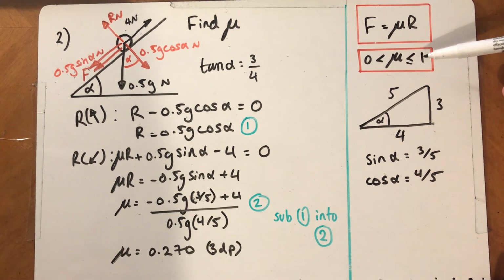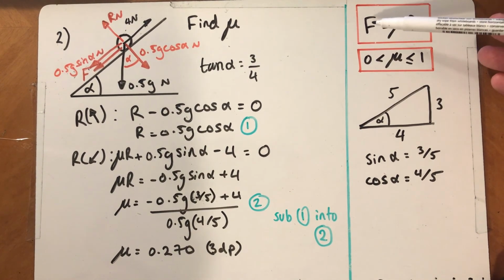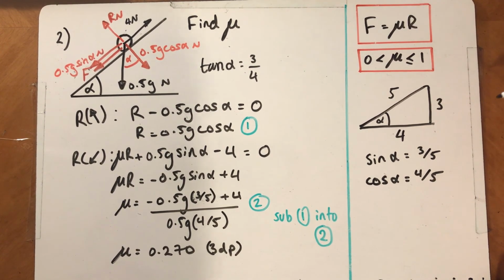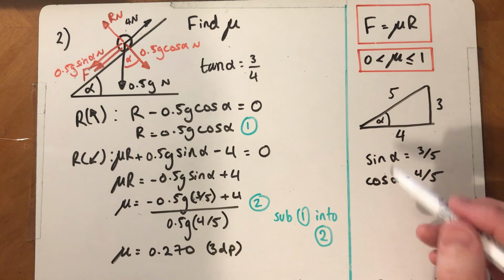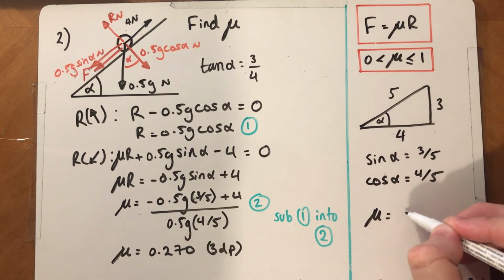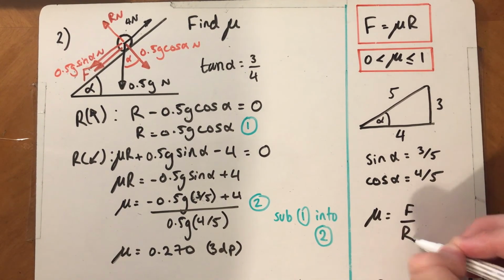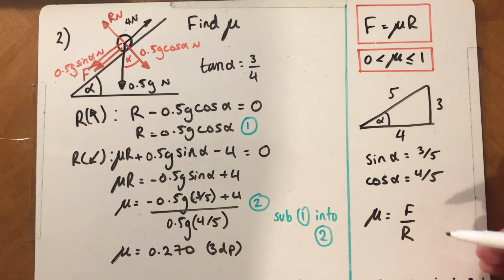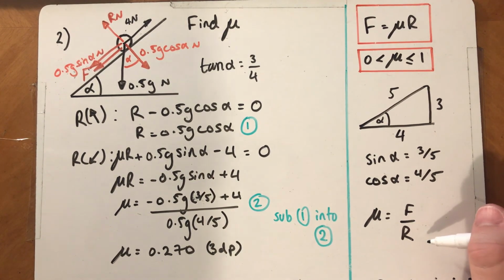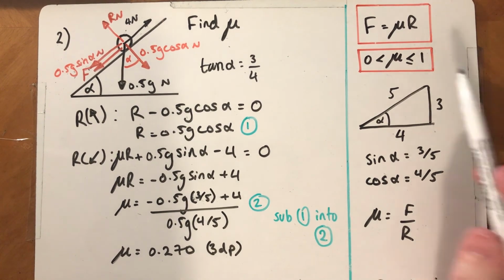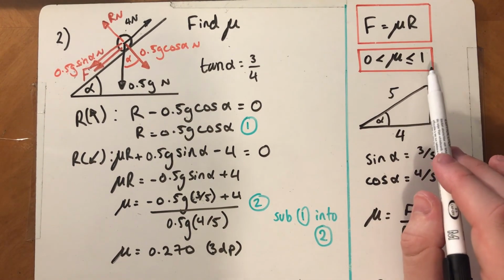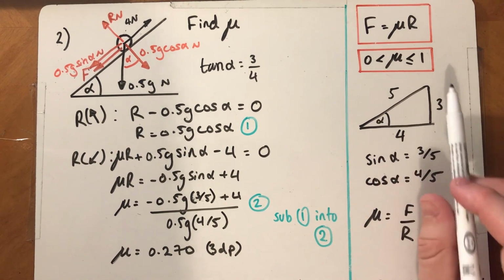And it has no units because it's simply a ratio between frictional force F and the normal reaction force R. Okay, so if I rearrange for mu by dividing by R in that equation, you'll get mu is equal to F over R, and the units of force is newtons, and the units of normal reaction force is also newtons, so that they cancel out. Okay, so mu is just a ratio, and it's always between 0 and 1. So if you get something less than 0 or more than 1, you've done something wrong.